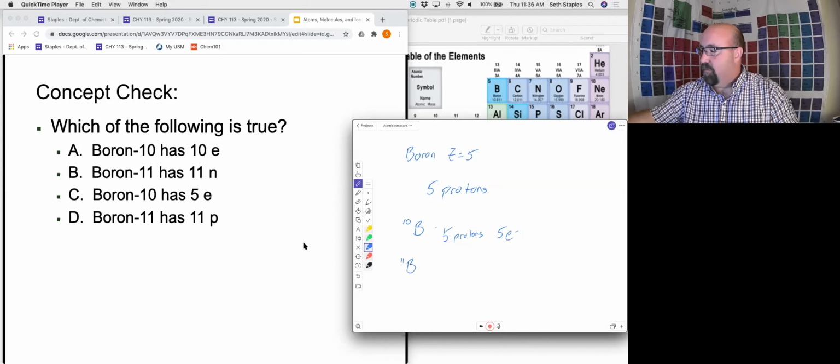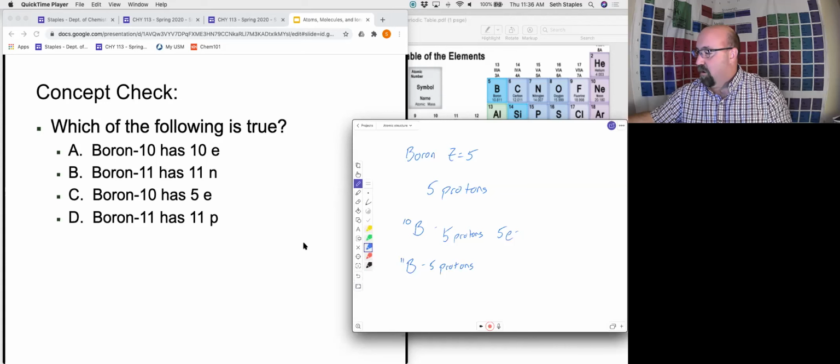Boron 11, still going to have its 5 protons in there. Now boron 11, so our mass number is 11. And so our protons plus our neutrons will equal 11. We know that we have 5 protons in there, so 5 plus our number of neutrons has to equal 11.